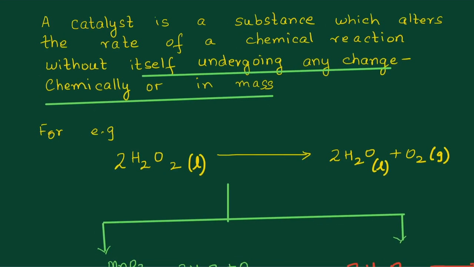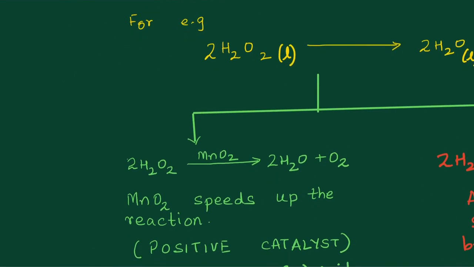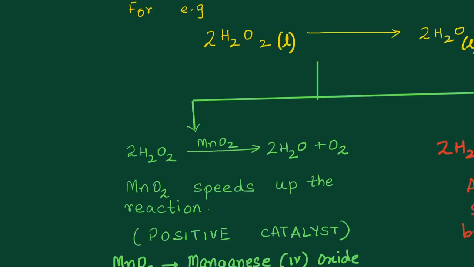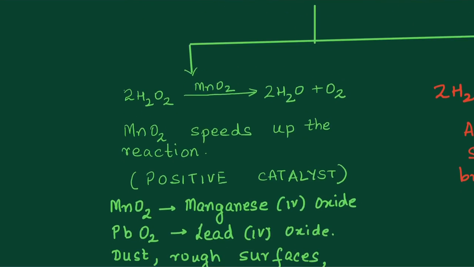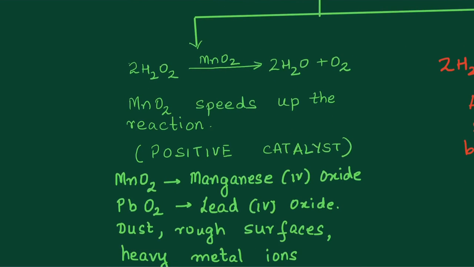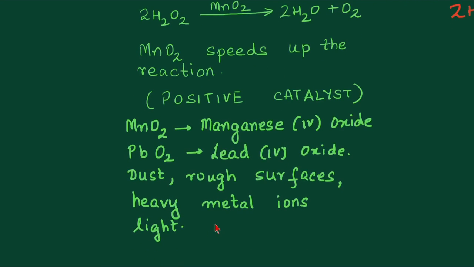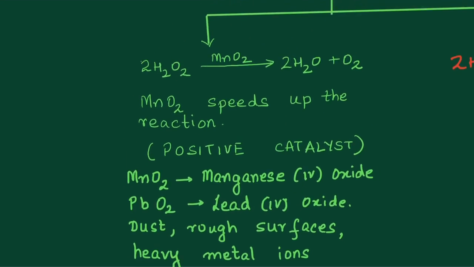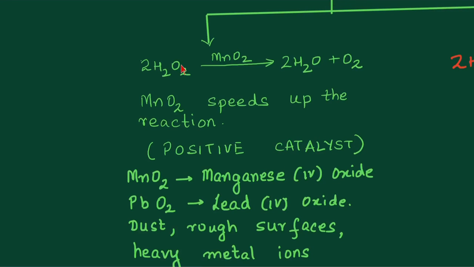What happens is, if you add a little manganese dioxide to the hydrogen peroxide, or you add lead 4 oxide, the surface is dusty, or the surface is rough, or if there are any metal ions, what we see is that the dissociation of this hydrogen peroxide into water and oxygen becomes very fast.